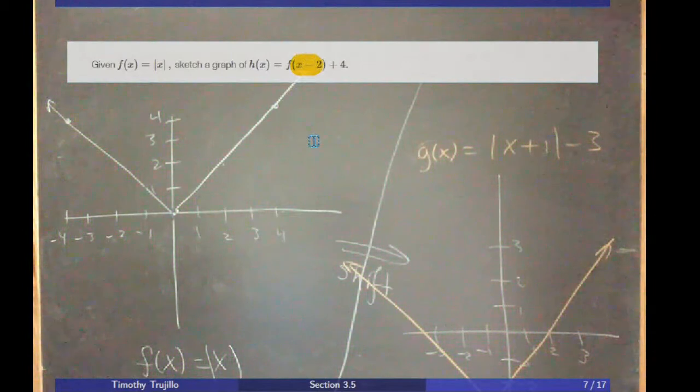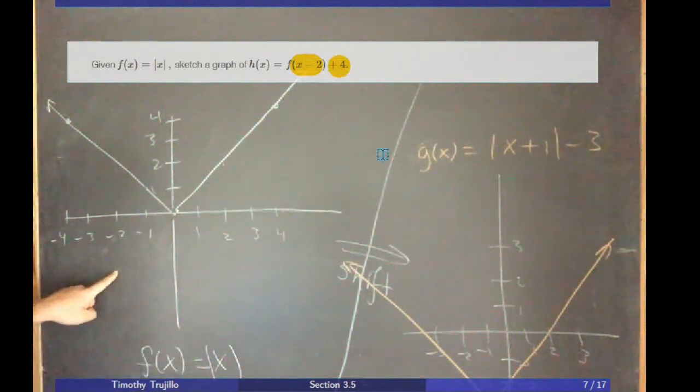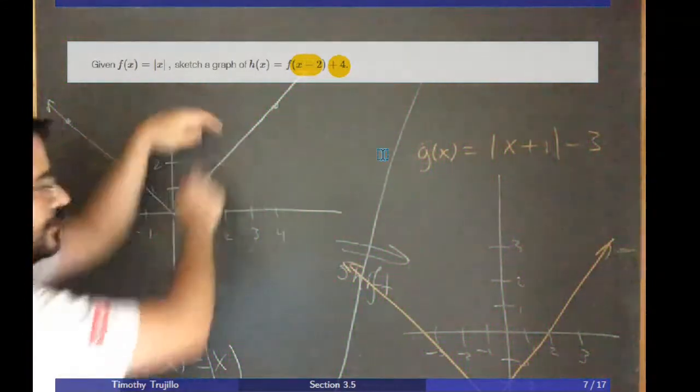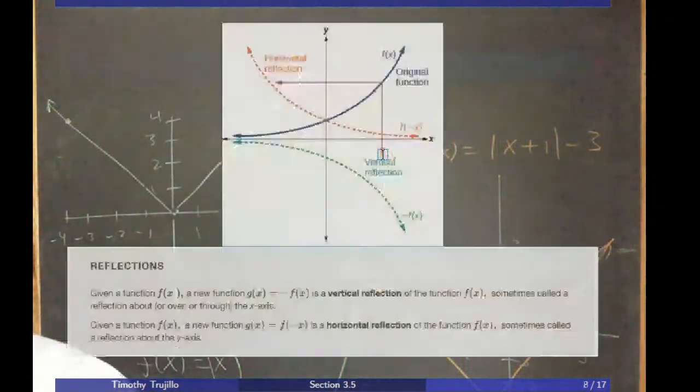And then what about up or down? 4 units up, plus 4. Okay? So instead of taking this down into the left into that third quadrant, we would take it up into the right in the first quadrant. So 2 units to the right, 4 units up. Okay. So it would be somewhere up here. This guy gets mapped up there. Okay, so that's the vertical and horizontal.